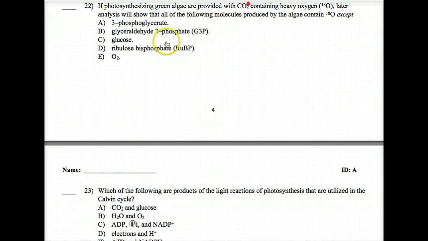Glyceraldehyde 3-phosphate, no idea what that is. I mean, I do, but I told you guys you didn't have to. Glucose, I know what that is. And RuBP. So these are all involved in the Calvin cycle, right? This is our product of the Calvin cycle. And then oxygen. So you should be able to figure out that the oxygen is the odd man out there and therefore is our answer, but let's talk about why.